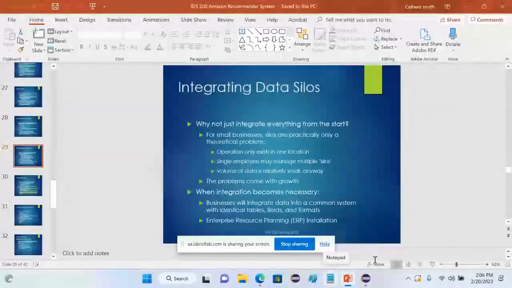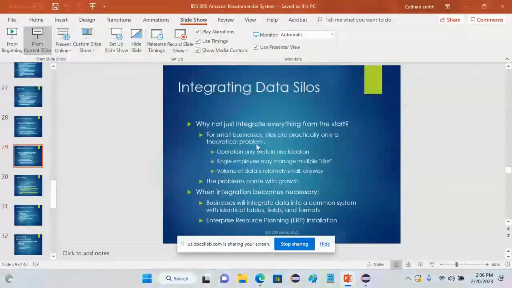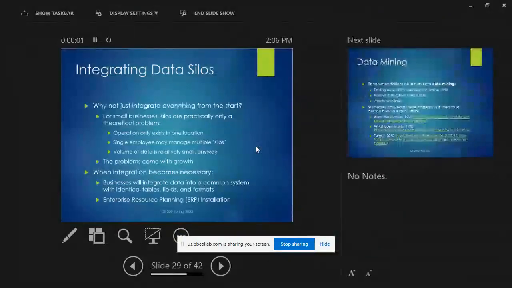Typically, operation only happens in one place. You've got a single employee in charge of what might seem to be multiple silos. For example, you might have one guy who does the finance and accounting and the bookkeeping, even the marketing spend, right? They might do all of that. And sure, those would technically be different databases, right? They might be stored in different files or different applications.